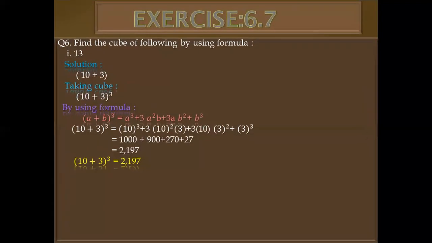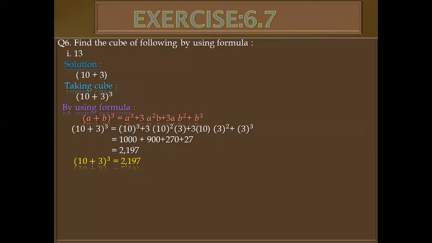Question number 6. This question recalls the previous formulas which I told you in the beginning of the lecture. (a plus b) whole cube is equal to a cube plus 3a square b plus 3ab square plus b cube, or (a minus b) whole cube is equal to a cube minus 3a square b plus 3ab square minus b cube.